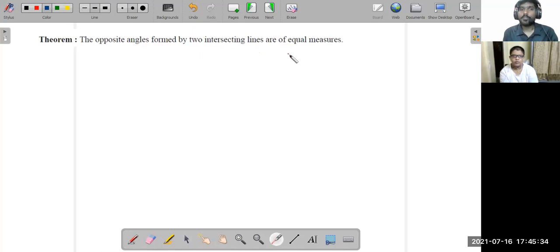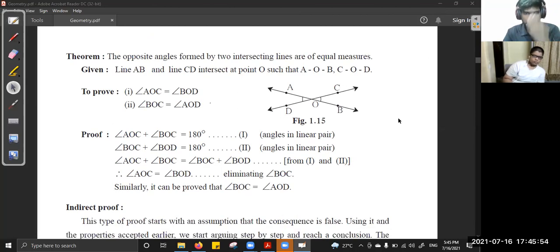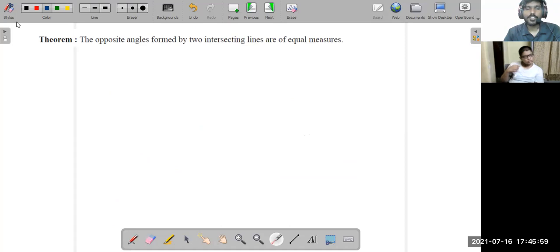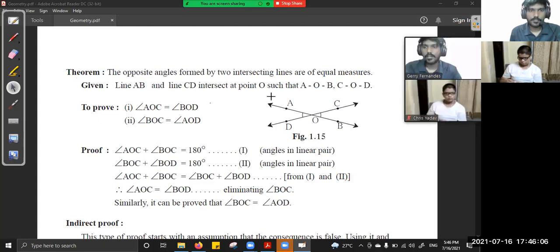Okay, the opposite angles formed by two intersecting lines are of equal measure. Now, although this is not a conditional statement, let's see.